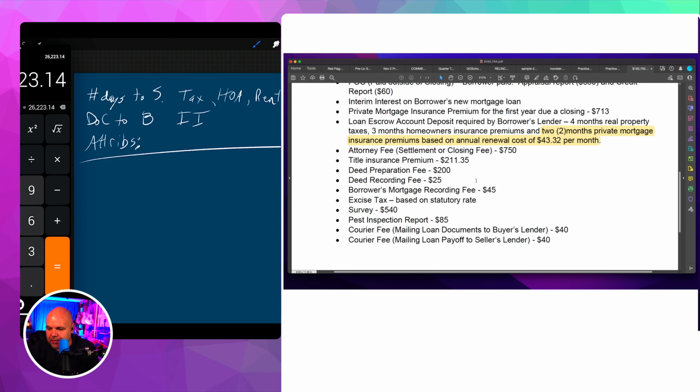interim interest. Let's see. Well, the steps would be: calculate the number of days remaining in the month of closing, including the day of closing. Step 2 is calculate the daily interest.